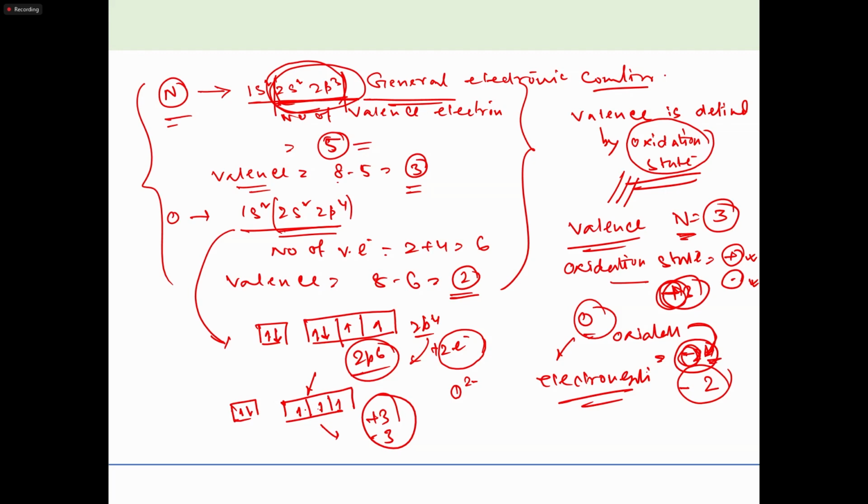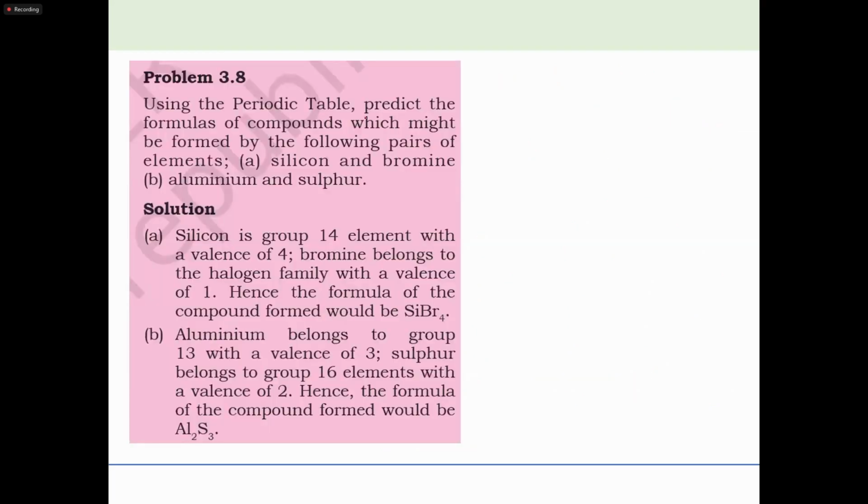Now, if you take one example, suppose I am taking OF2. Between oxygen and fluorine, fluorine has more electronegativity than oxygen. That's why this negative term is coming.